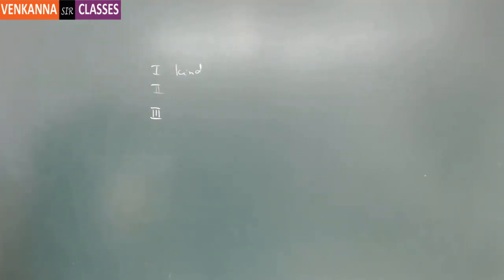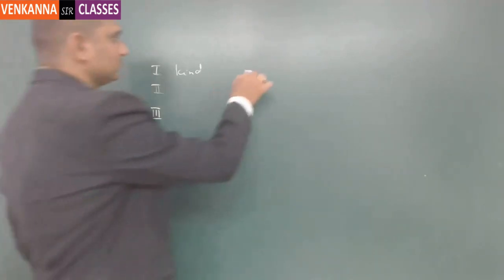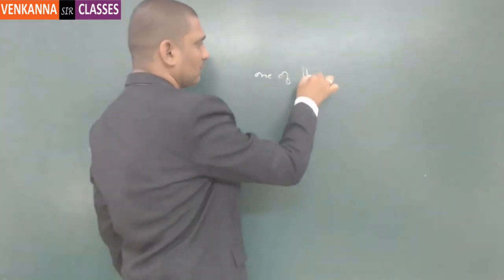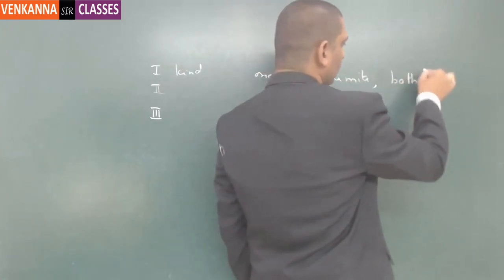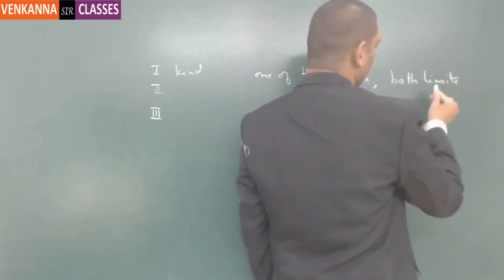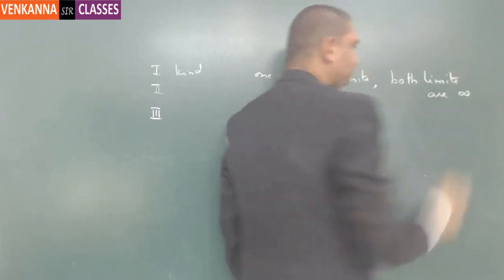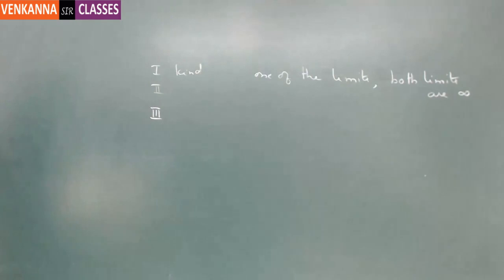In this, the improper integral has one of the limits or both limits undefined. So in the integral from a to b, either a is undefined, say minus infinity, or b is undefined, infinity, or both are undefined, minus infinity to infinity. That is called the first kind.